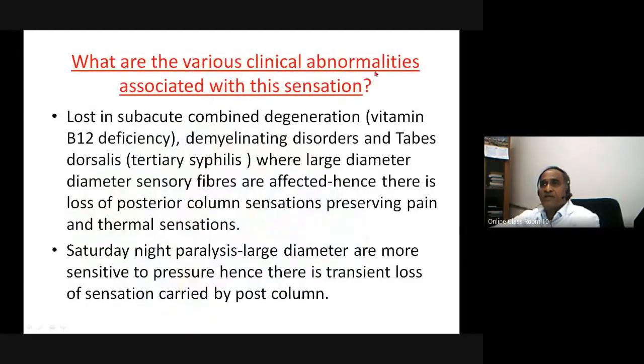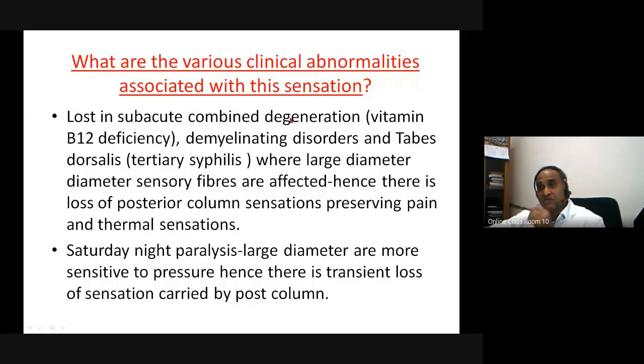Now, what are the various clinical abnormalities associated with the sensation? One thing is that sensation is carried by the large diameter fibers. The large diameter fibers have myelination. So anything which produces demyelination, as happens in vitamin B12 deficiency, what is called subacute combined degeneration, affects them. Vitamin B12 deficiency produces the myelination problem.